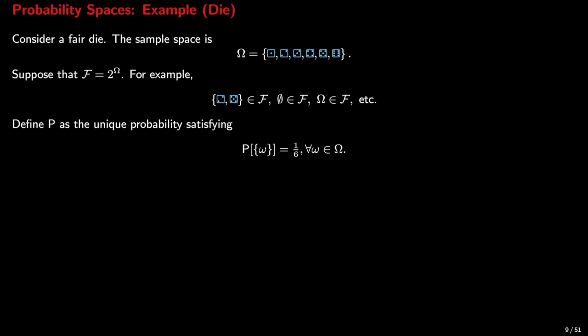We now define the probability P to be a probability that satisfies this property. The probability of any single outcome, like the probability of 1, the probability of 2, 3, 4, 5, 6 and so on, is exactly 1 out of 6.